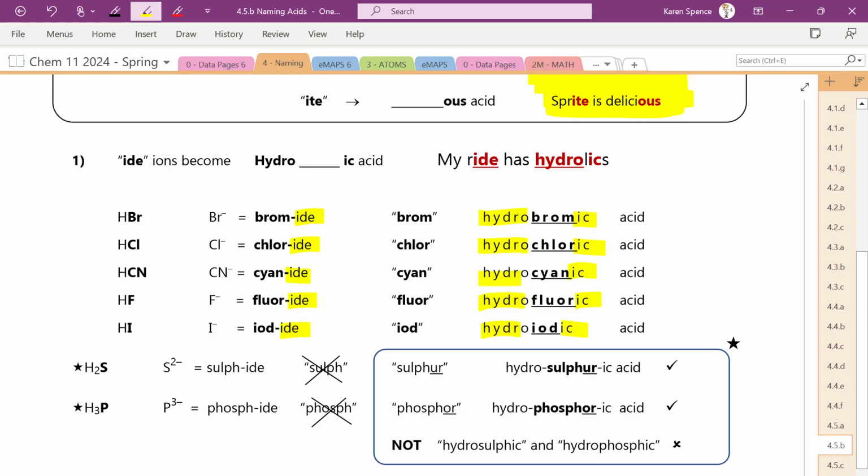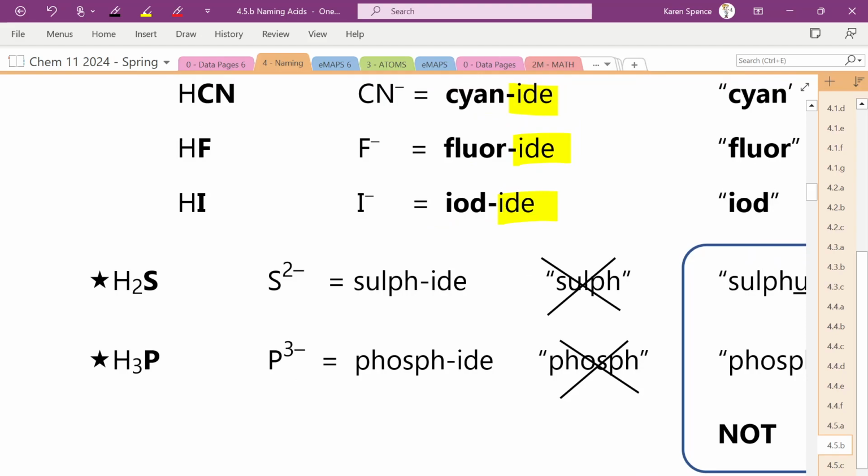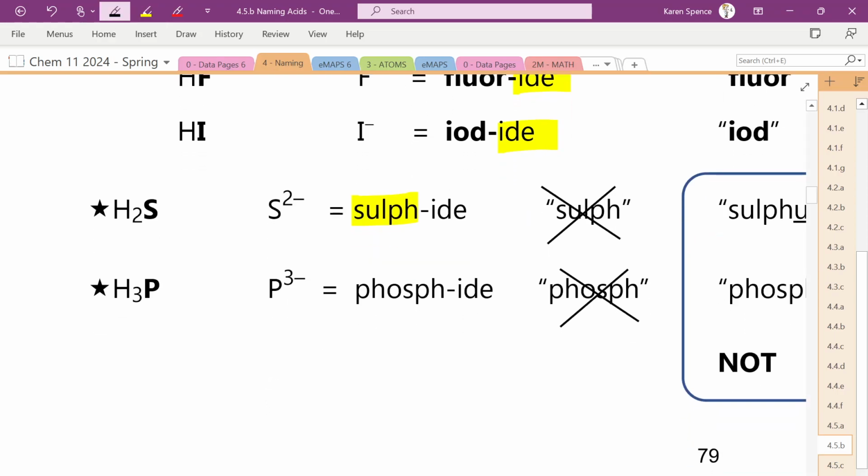This is the last thing you need to learn, that sulfur and phosphorus are a little bit weird. Normally, you would take a look at this and say, I have sulfide, and you might think I must have hydrosulfic acid.